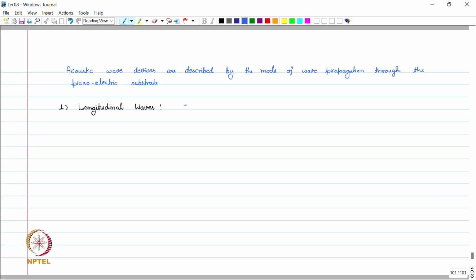In longitudinal waves, the oscillations occur in the longitudinal direction, or the direction of wave propagation.